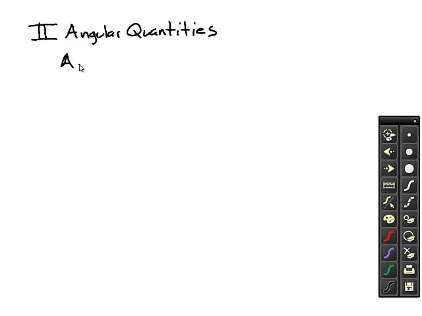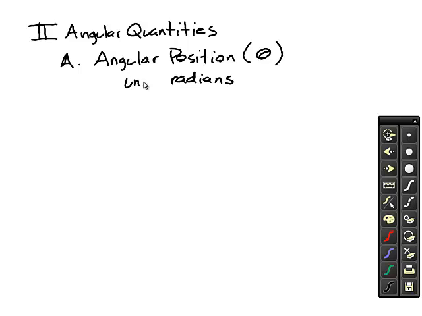Okay, we've got our first angular quantity, which is angular position or rotational position, theta, in radians. We define the radian as linear distance or arc length over radius.